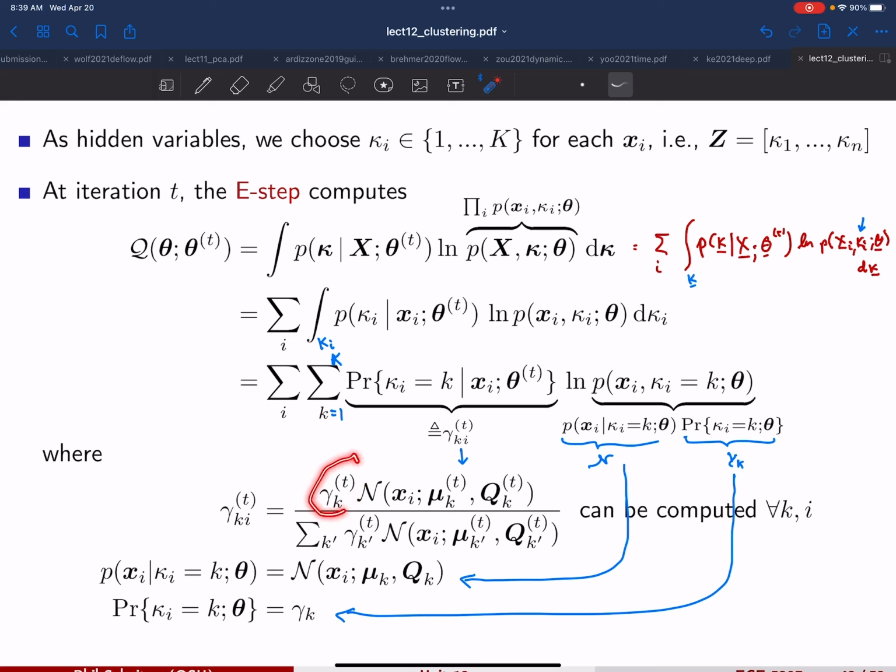The difference between this and this is that these are fixed numbers, whereas this is a free variable that we are going to try to design. These fixed numbers we calculated on the previous iteration. We also calculated our means and covariances on the previous iteration. So we plug all that in, and we get these cluster assignments on this iteration for all the i's and all the possibilities k.